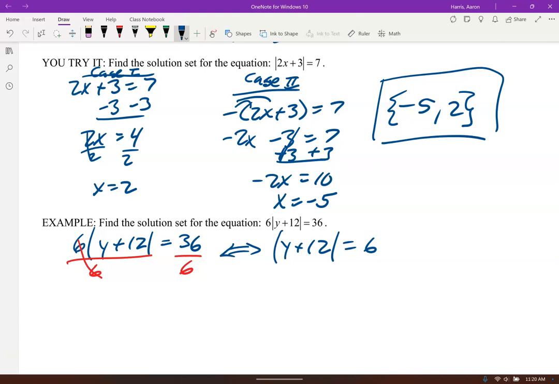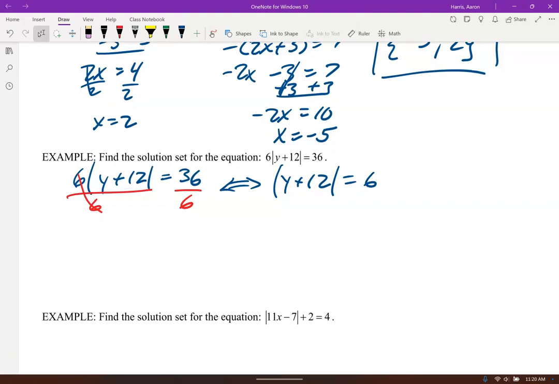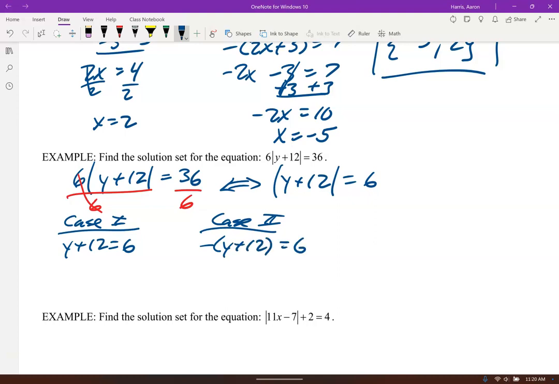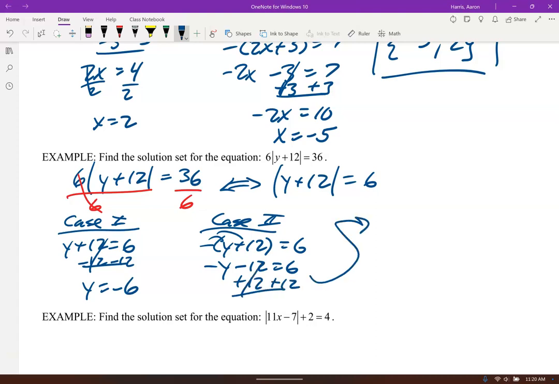So make sure again that you isolate the absolute value before you run the two cases. So you got -18 and -6.